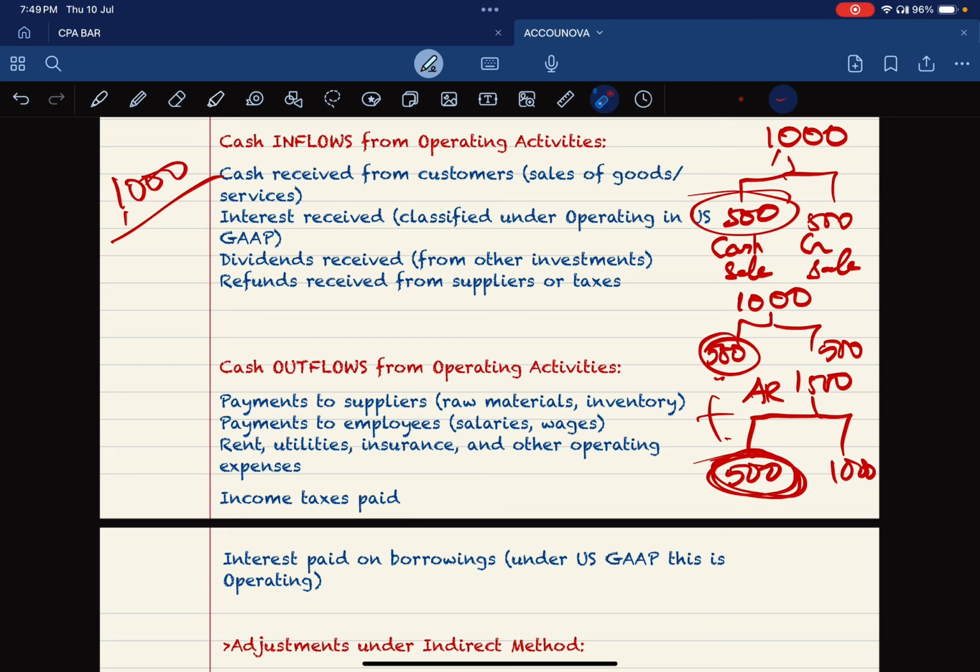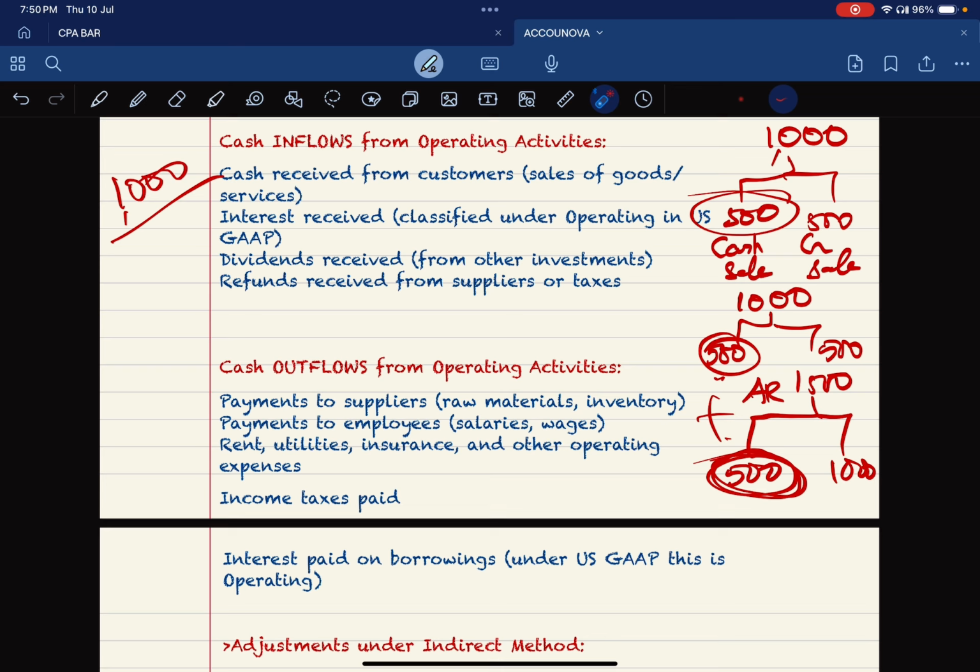These are cash inflows. What are the cash outflows? Payment to suppliers, cash payment to suppliers, payments to employees, as you know, rent, utilities, insurance, other operating expenses, income tax paid as well, interest paid on borrowings. Understand? Interest paid on borrowings is an operating activity, a cash outflow from operating activities.